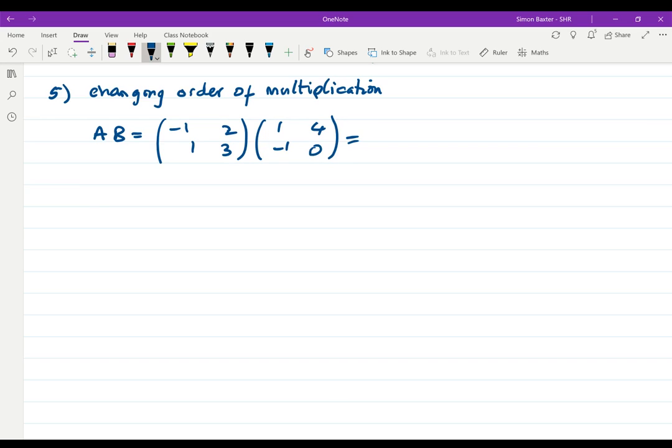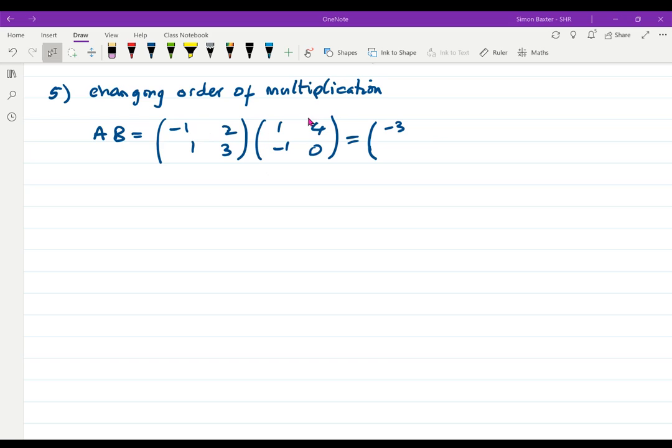Well, doing what I've just done, if I want the first number, that's in the first row and the first column, that is the first row times the first column, minus 1 times 1 plus 2 times minus 1 gives us minus 3. And the next number along is in the first row and the second column.